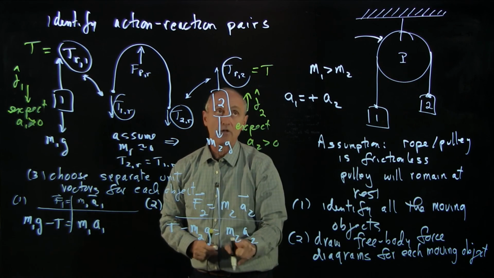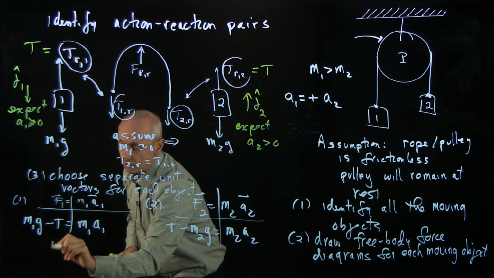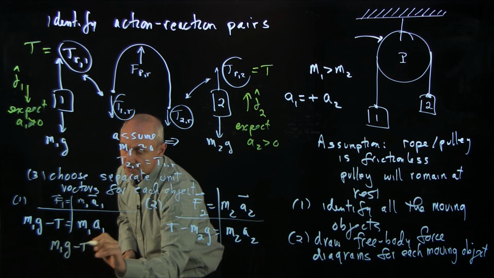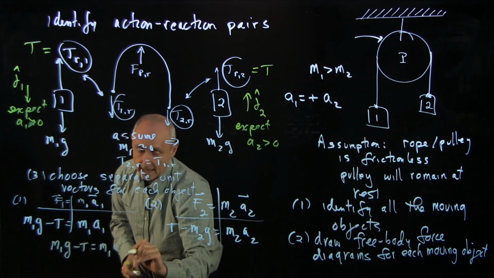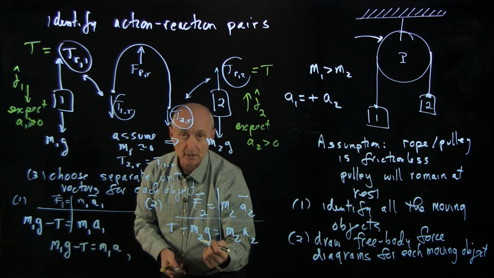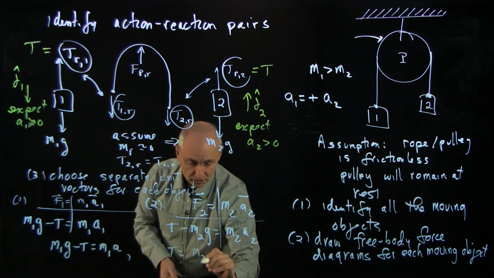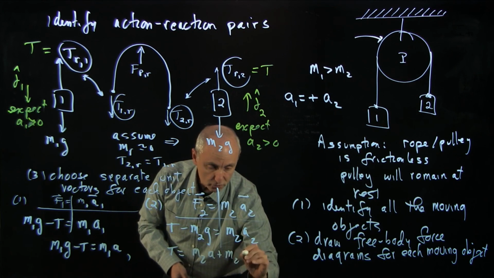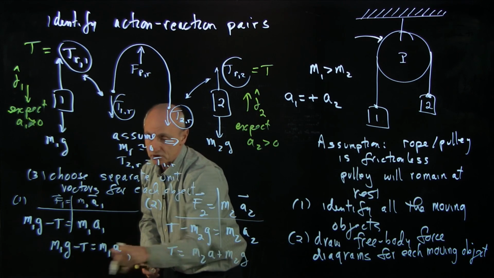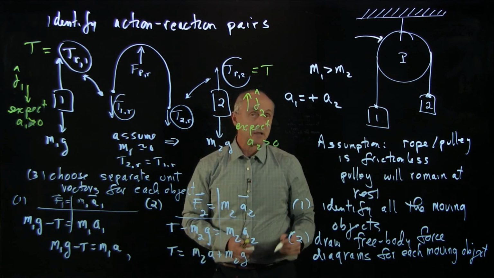And now I can solve my equations for T and a. And let's quickly do that. m1g minus T equals m1a. And over here, let's solve for the tension. T is equal to m2a plus m2g. And when I substitute the T into that equation, we'll find some space for that.